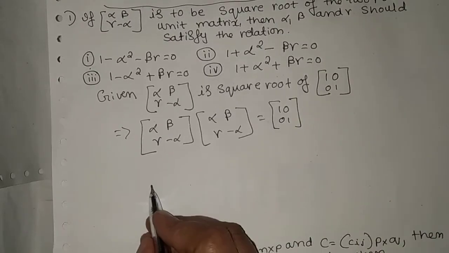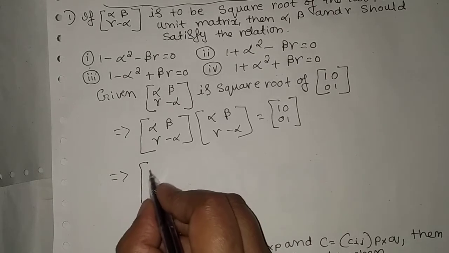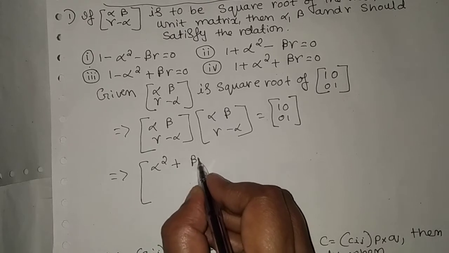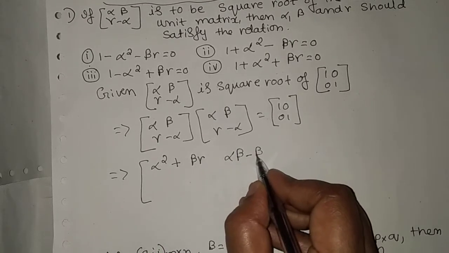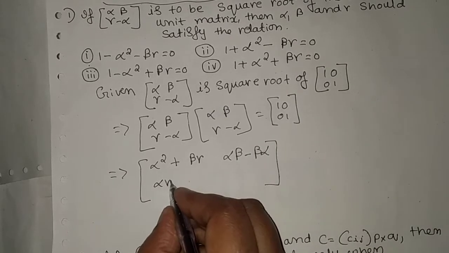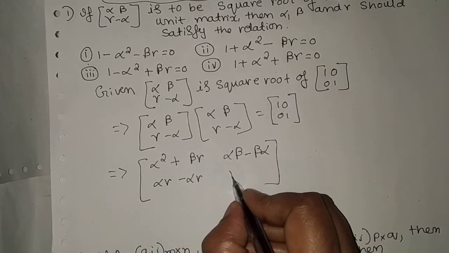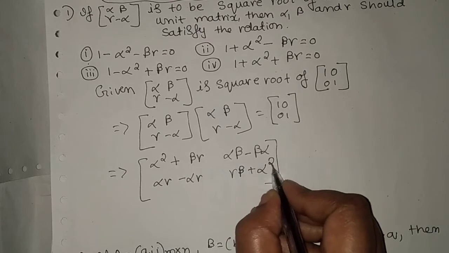Now multiplying this, matrix multiplication you all know, I'll just directly write it down. The first element is alpha square plus beta gamma, then the off-diagonal terms are the same but only the sign is different, so they cancel, and the last becomes beta gamma plus alpha square.